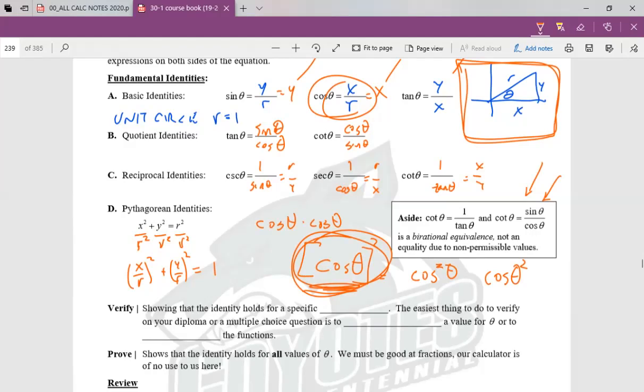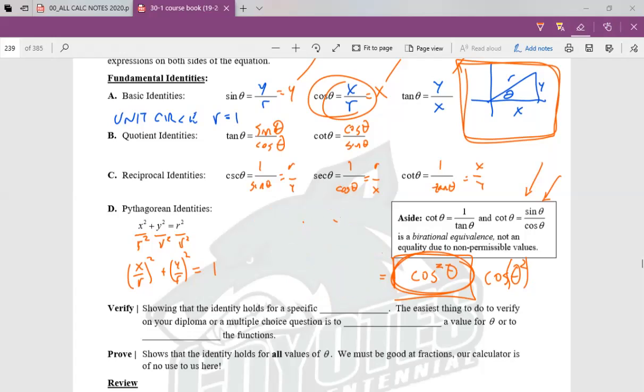If I had cosine of theta squared, which we won't see as often because you rarely square an angle, you'd put brackets around it to make clear that we are squaring theta. Most often, we write cos theta with a 2 right above cosine like that. Okay, so that's the first note that I want to make.